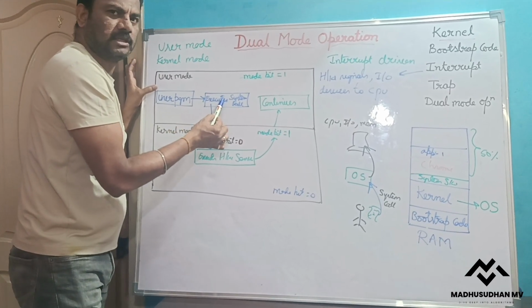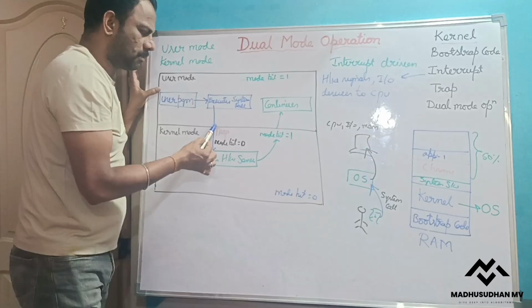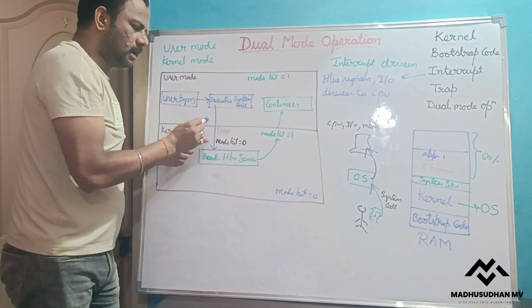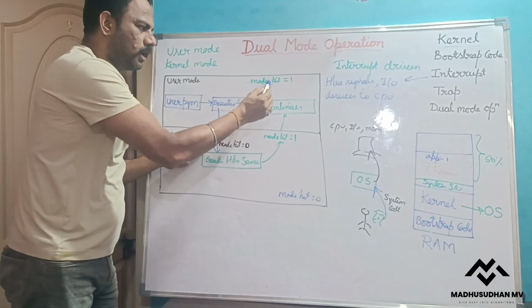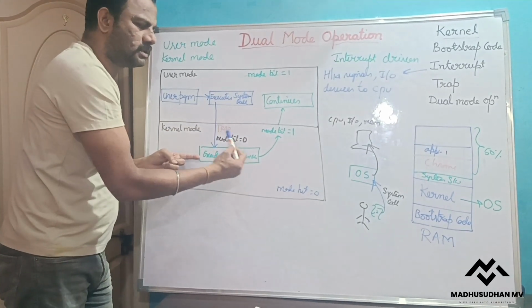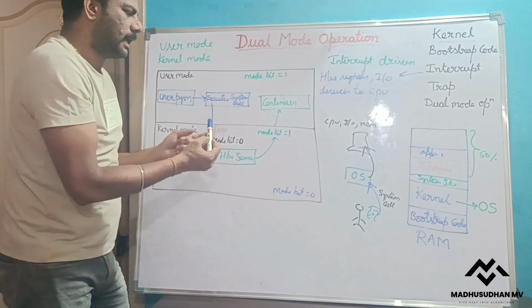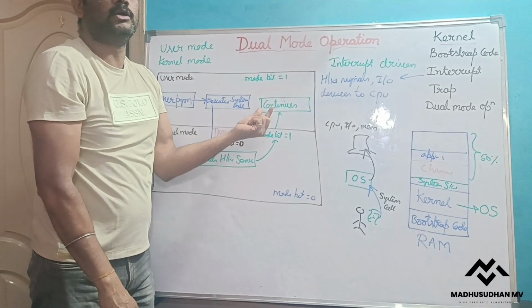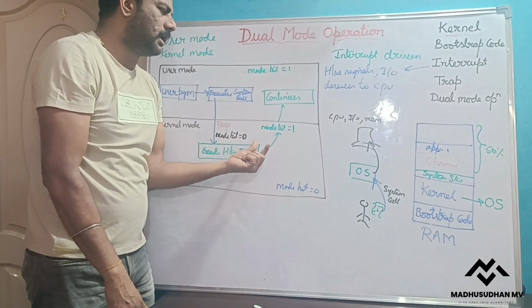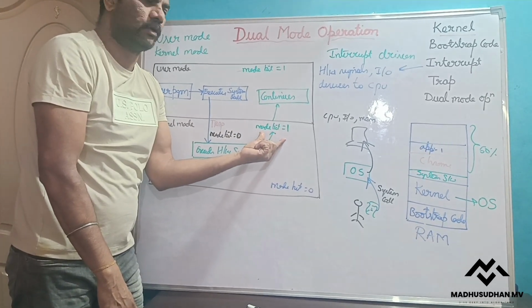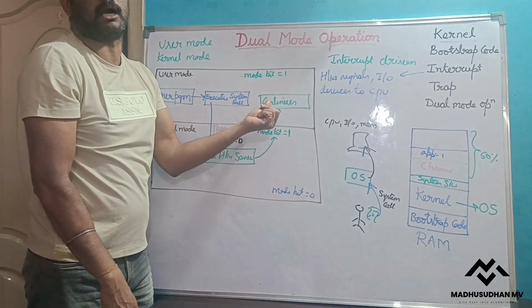So it will execute the system call, and that is called a trap. Now the kernel changes this mode bit from 1 to 0 and executes that hardware service or the system call. After executing, the control is given back to the user program. So before giving control back to the user program, it again changes the mode bit to 1 and gives the control back to us.